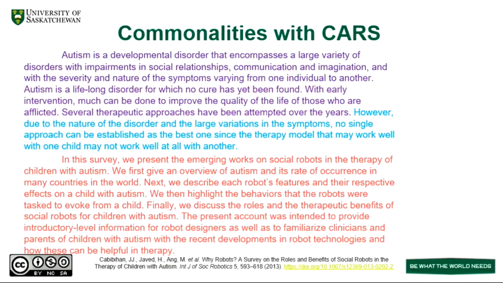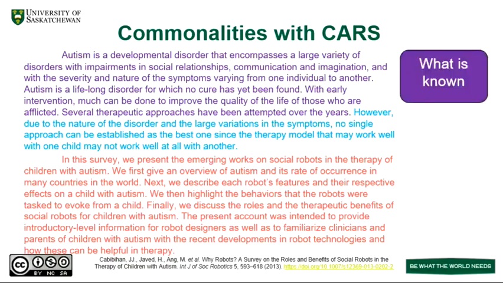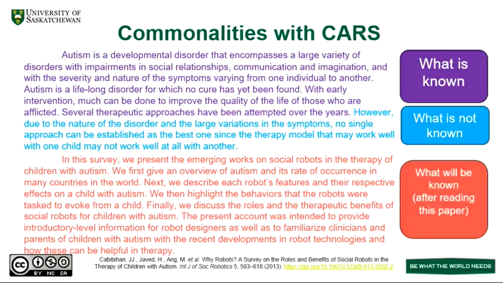Unsurprisingly, perhaps, or maybe surprisingly, you might notice some commonalities with those CARS moves that we reviewed previously. So we begin with broadly what is known. We don't have any citations here, but you might have some citations of your own in your own introduction. Then we have what is not known, so that problem or that area of concern, that question that we have as it relates to this topic.